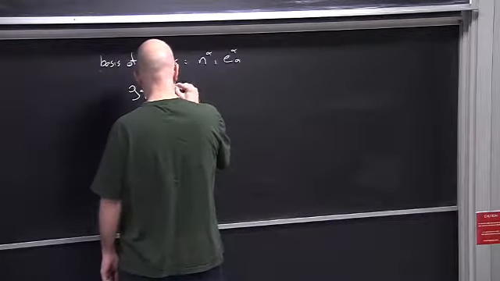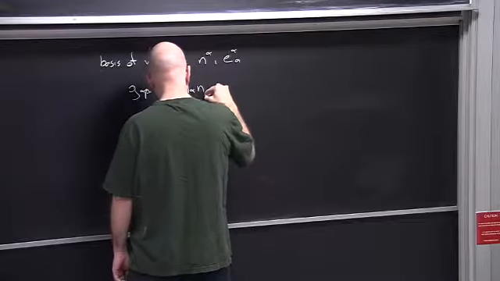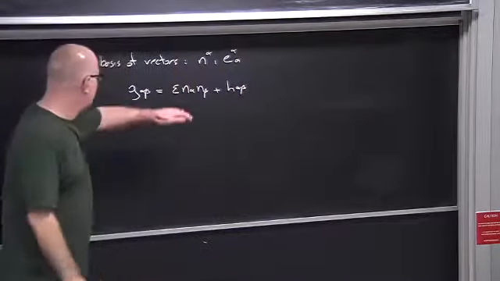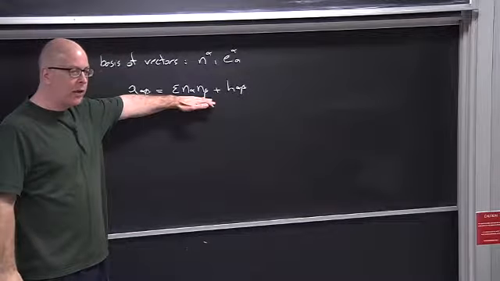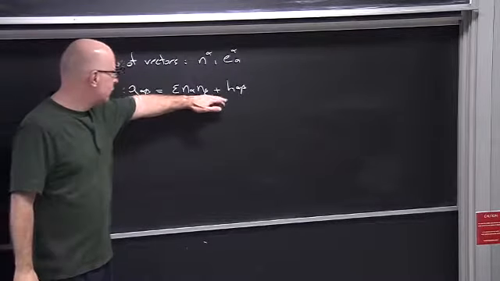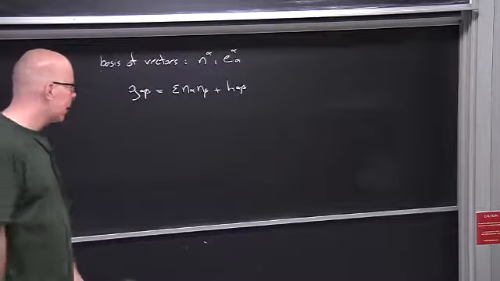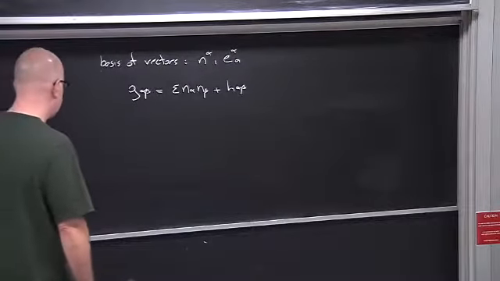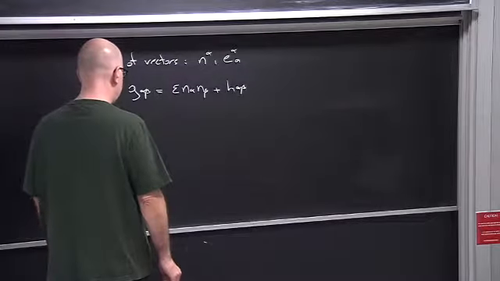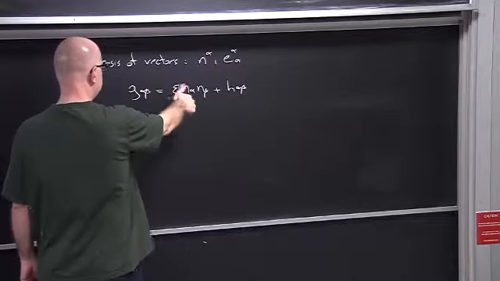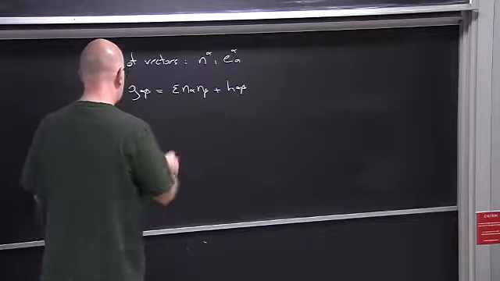I can decompose the metric into a piece that's normal to the hypersurface and a piece that's completely tangent to the hypersurface. And of course, the sign here is important because the sign in front here has to be consistent.